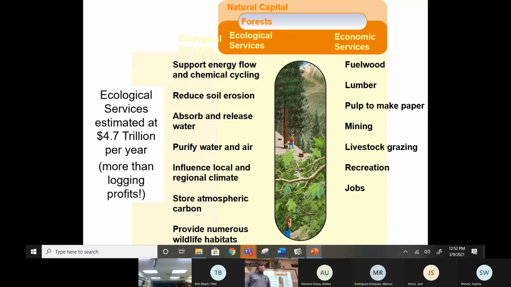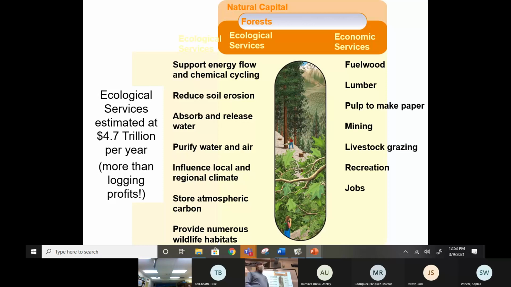And so they bought all this land upstream from them where the forest would purify the water for them. And that turns out to have been very effective and less expensive than building the new water treatment plant would have cost. At the same time, they gain all these other services that they wouldn't have had if that forest had been cut down.